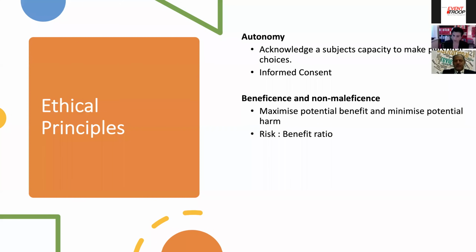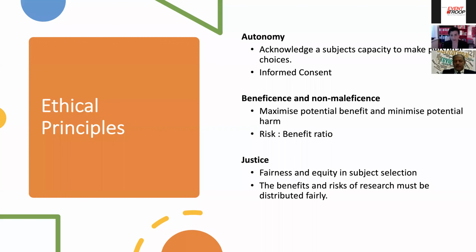And the final one is justice. This is the fairness and equity of subject selection. This is saying you must be very fair in how you recruit subjects in a trial. You must not, for example, abuse certain patient populations, such as doing research only on the impoverished, the poor, or the uneducated. The benefits and risks of research must be distributed fairly.